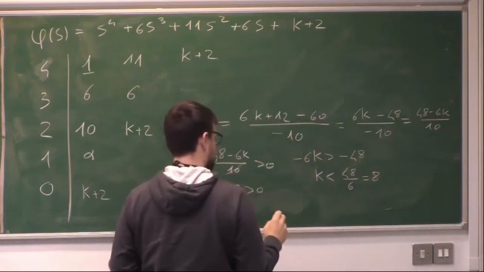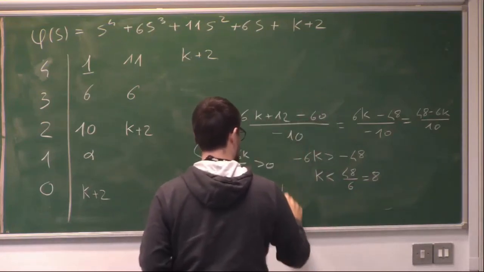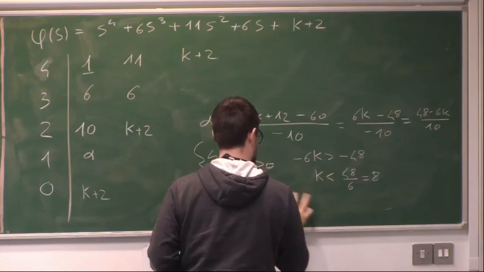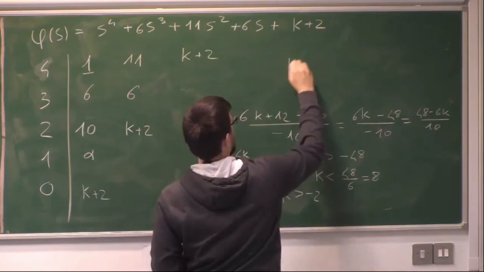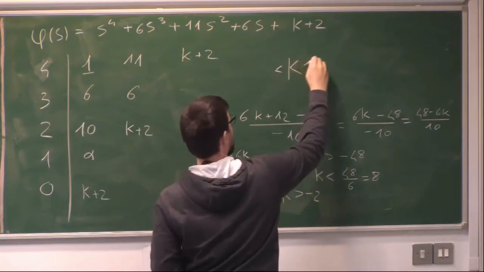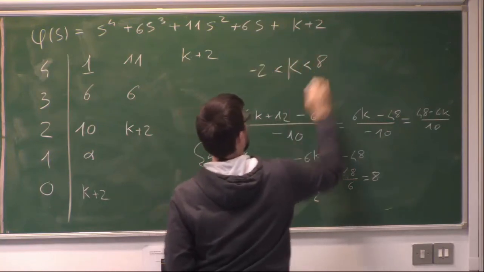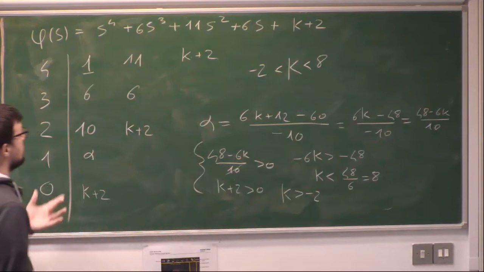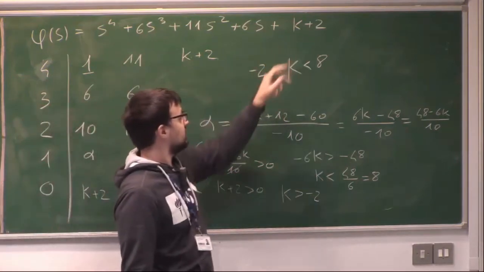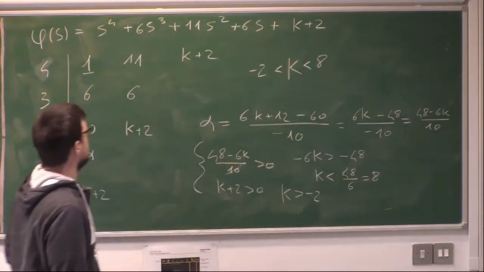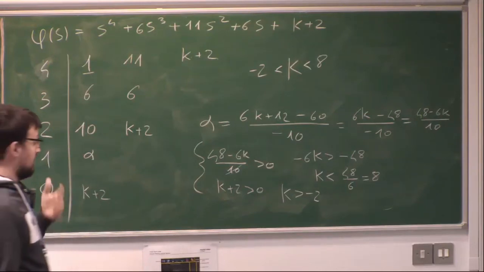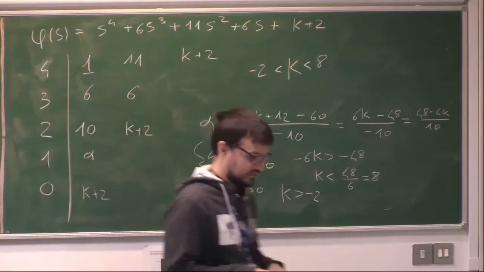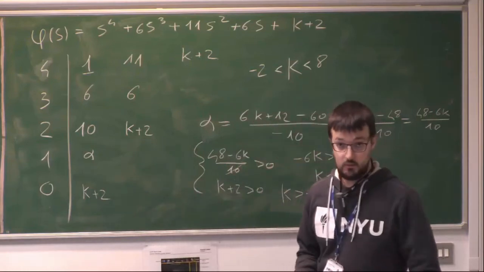And then we have from here that k is greater than minus 2. So here we have that k is between minus 2 and 8. So we have solved the exercise. For all values of k such that this condition is satisfied, this polynomial has all roots in the left-hand side of the plane. In this way, we have solved this exercise in a very easy way.